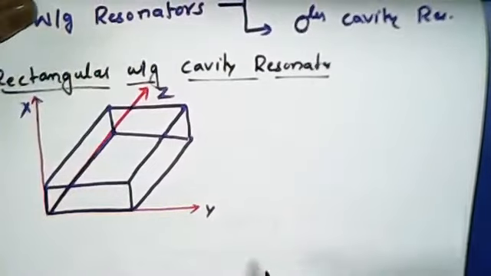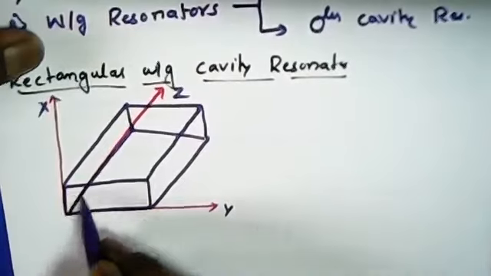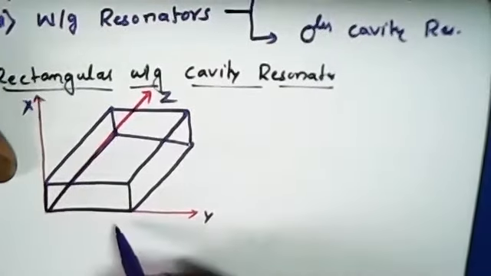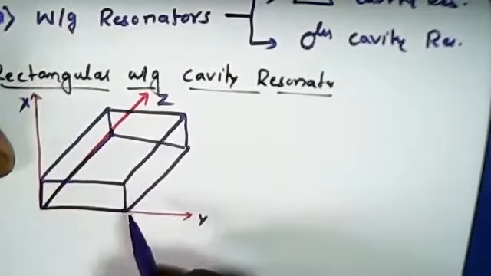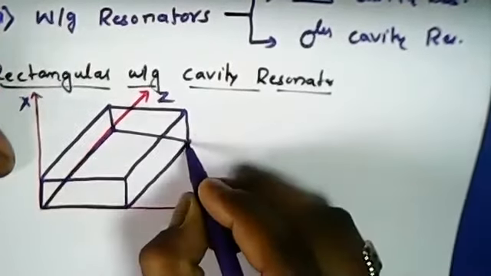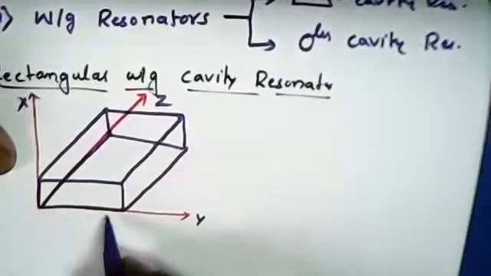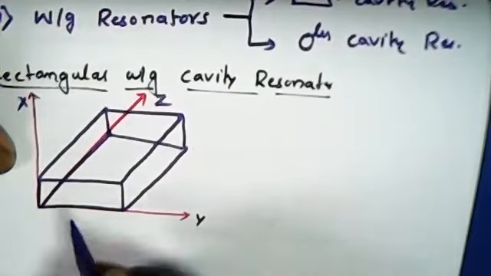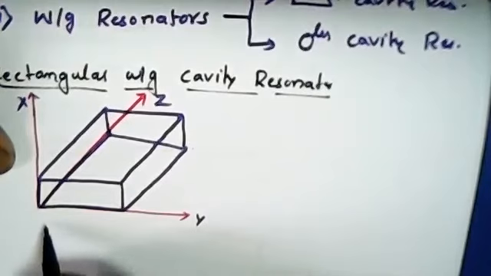Now, as in the case of the rectangular waveguide, we approximated only two dimensions, length and breadth. Now we have the height also. Earlier we considered the broader dimension and the height.